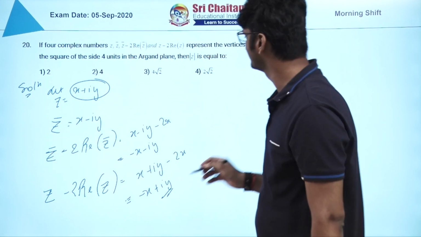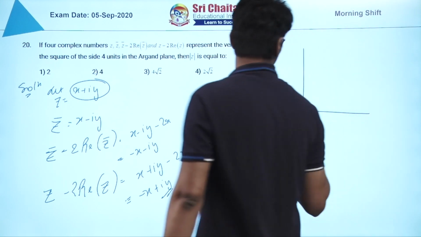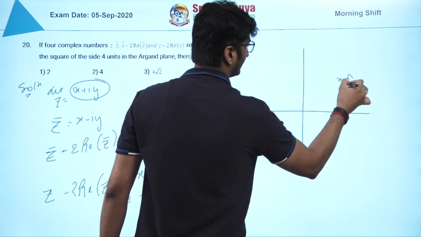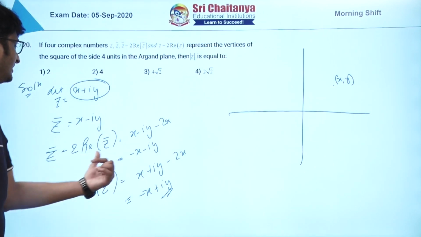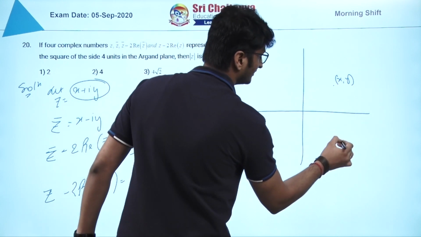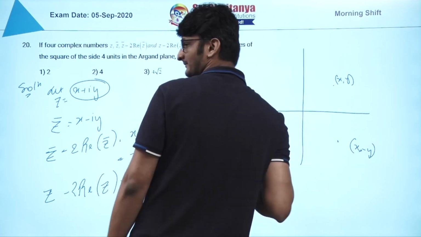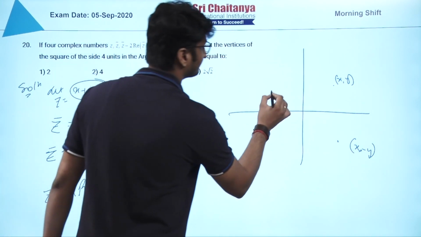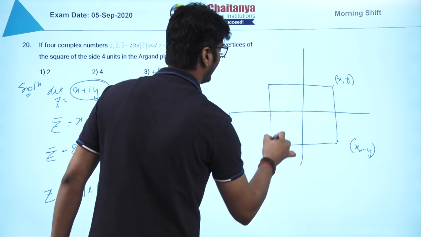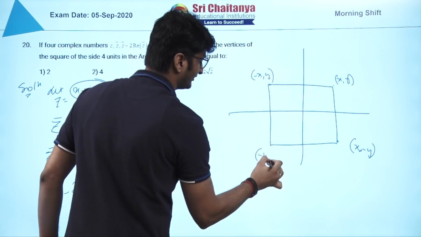These are 4 points. Let us put them in the Argand plane. If you put them in the Argand plane, x plus iy can be written as (x, y), and this is its conjugate (x, minus y). Next, here is 1 point, here 1 point: (minus x, y) and (minus x, minus y).